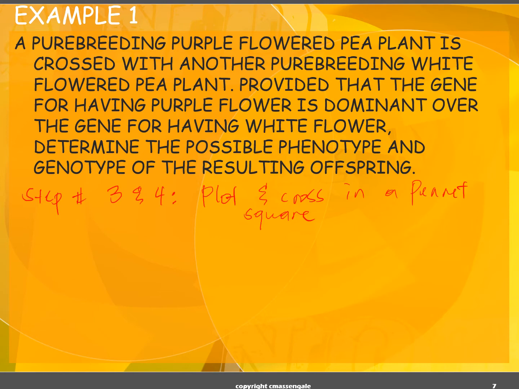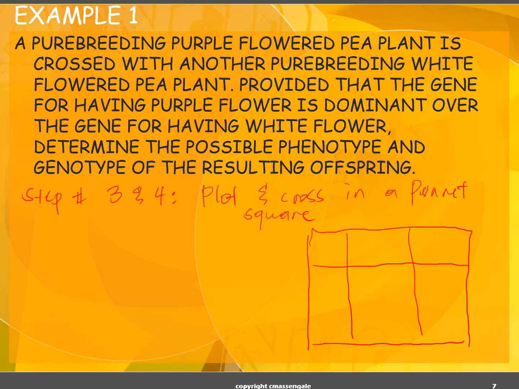We will now be using a Punnett square. We will plot and cross the genotypes of the parents in our Punnett square. So how does a Punnett square look like? This is what we call a Punnett square, class. So this is our Punnett square.